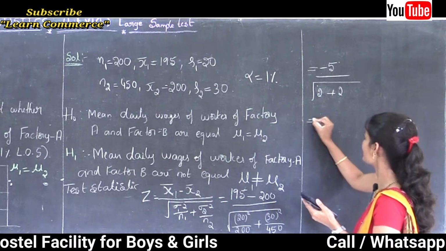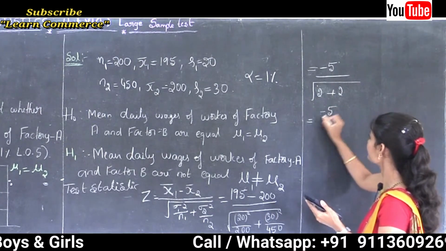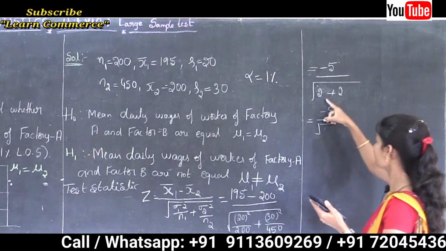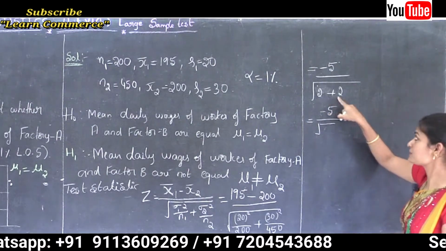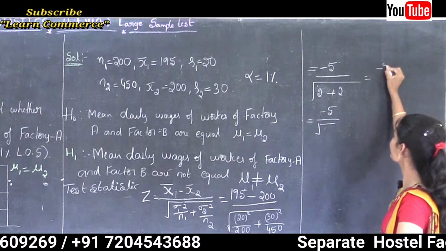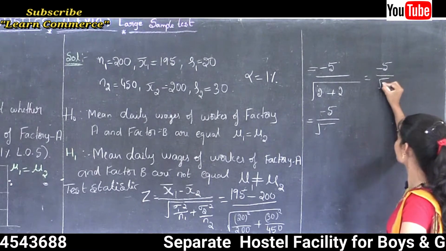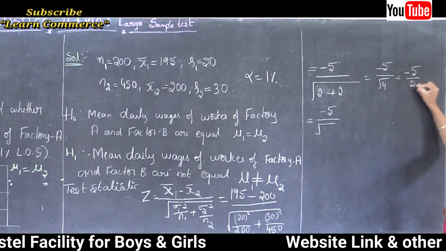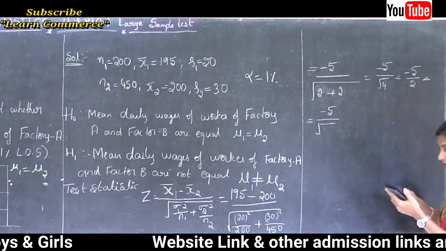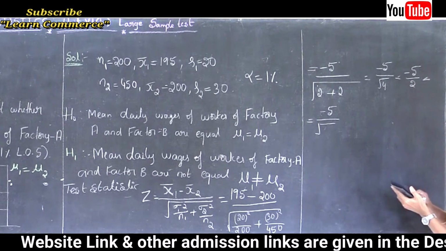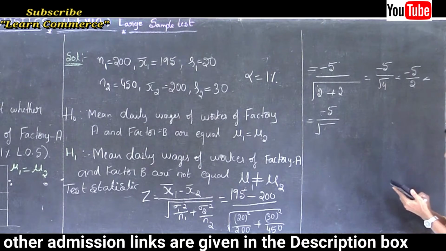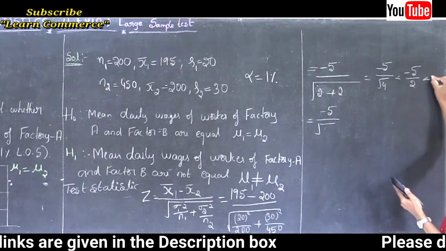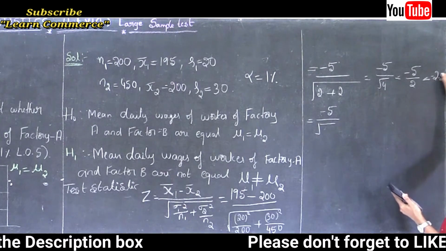So this is equal to minus 5 divided by the square root of 2 plus 2, that is 4. I will write here minus 5 divided by square root of 4. This is equal to minus 5 divided by 2, that is minus 2.5.